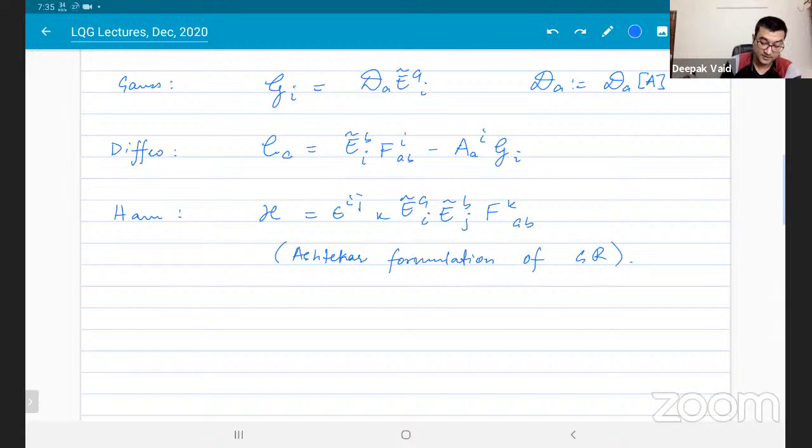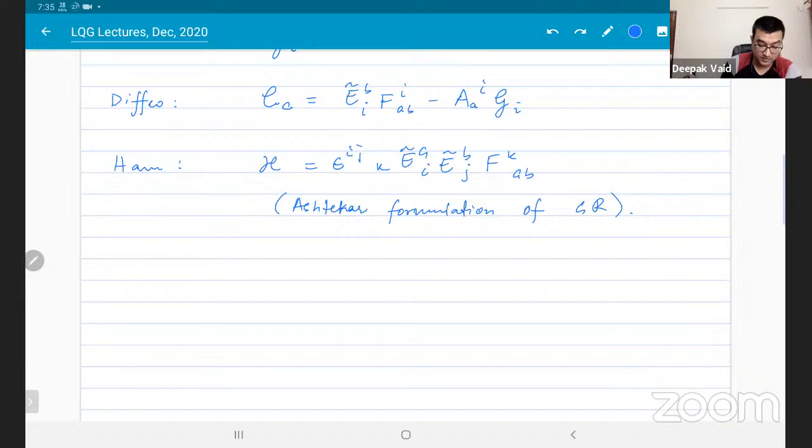And because it is polynomial, you can find an exact solution. You can quantize this system, and we'll talk about the quantization in the next lecture. Okay, so I'll leave it here. I think this is enough for one day.